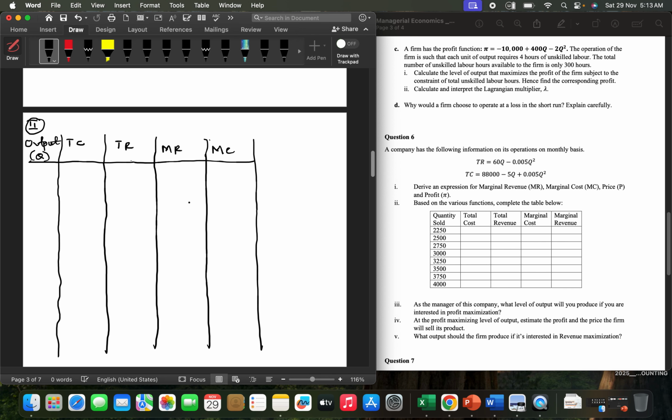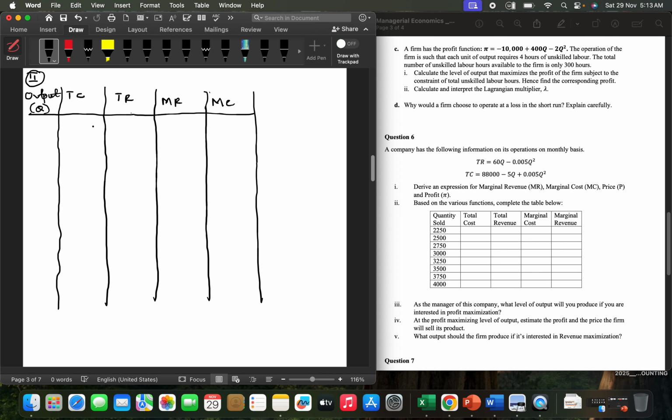Okay, so this was the table provided. We're given output, total cost, total revenue, marginal revenue, and marginal cost. The first output was 2250.